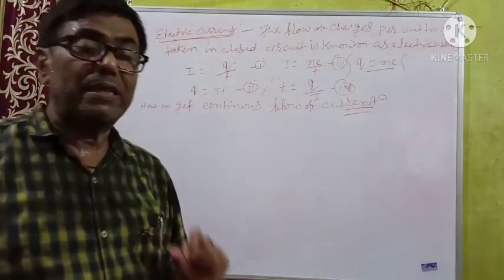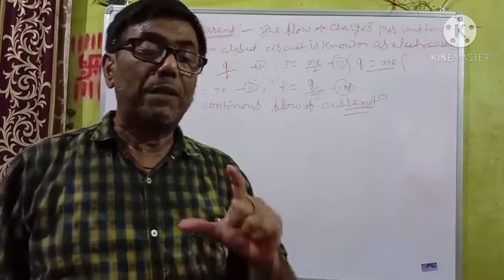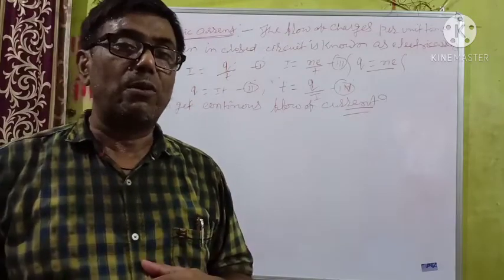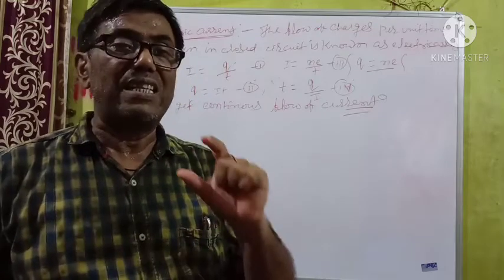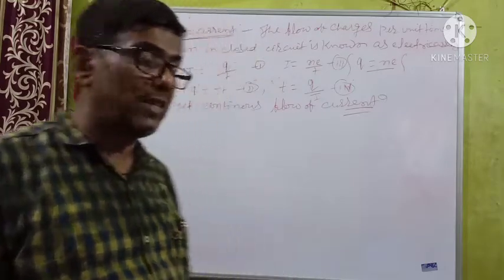We know that the current flows between two ends of the wire through a difference of potential. Potential differs between two points.